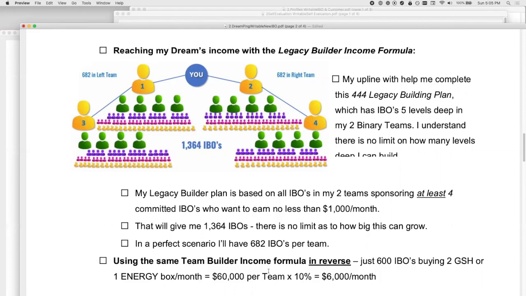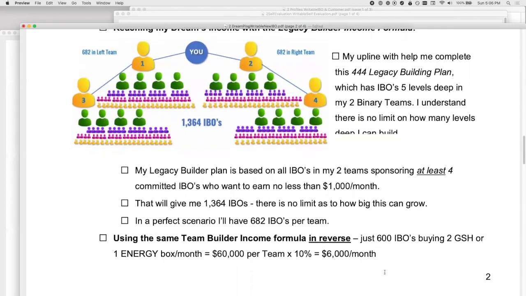Multiply that by 10%, which is your team builder income formula, and you get $6,000 per month. So you only signed up 4 people, but we helped 4 get 4, get 4, get 4. Everybody's only buying 2 bottles of GSH or 1 box of energy, and yet it's generating you $6,000 per month. That's the power of network marketing.